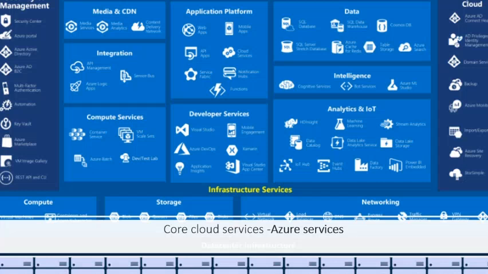So let's talk about Azure Virtual Network. It connects virtual machines to incoming virtual private network connections. Then in networking, you have Azure Load Balancer, which balances inbound and outbound connections to applications or service endpoints.